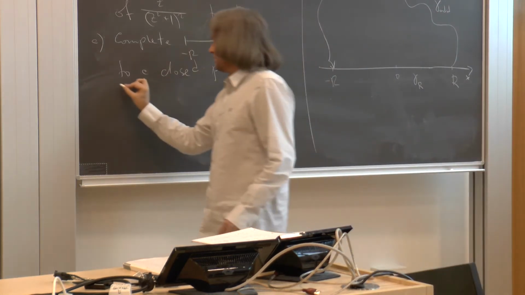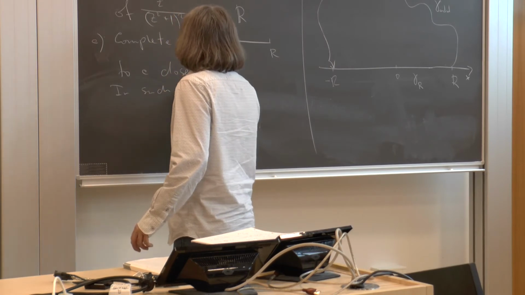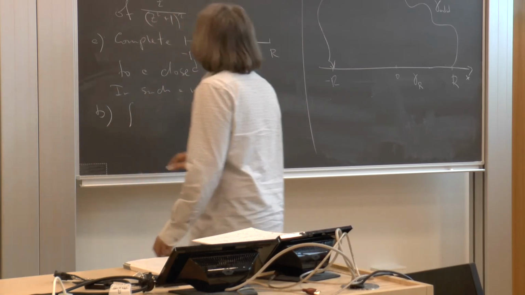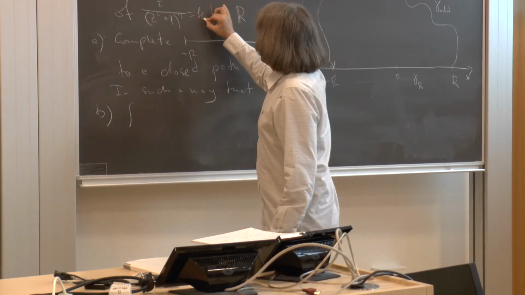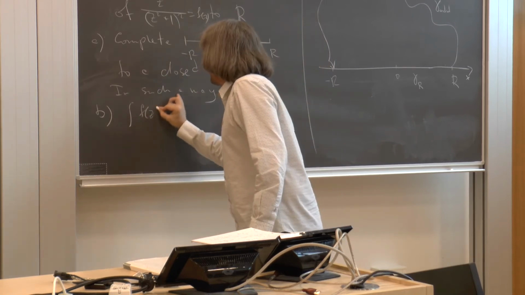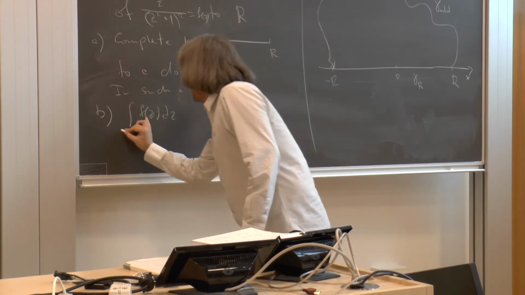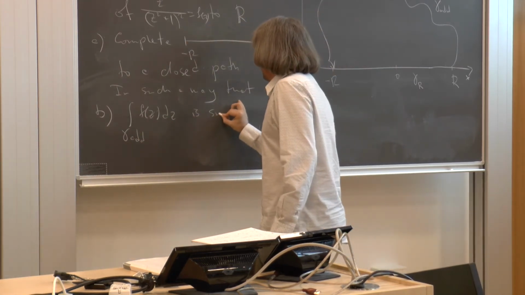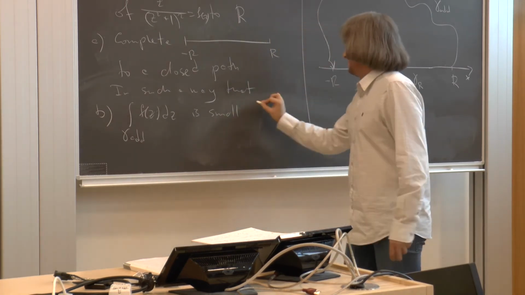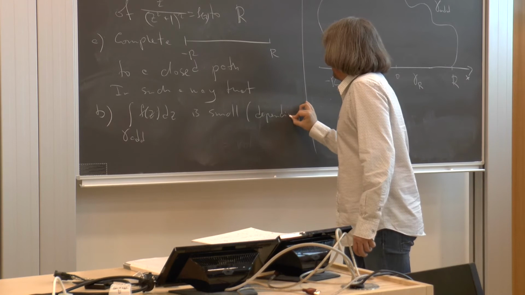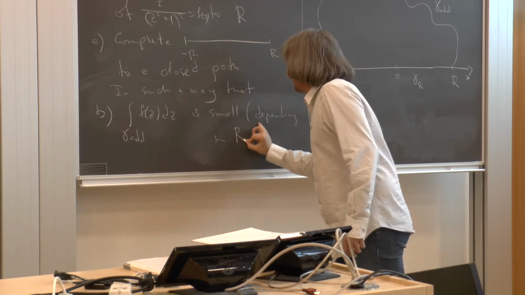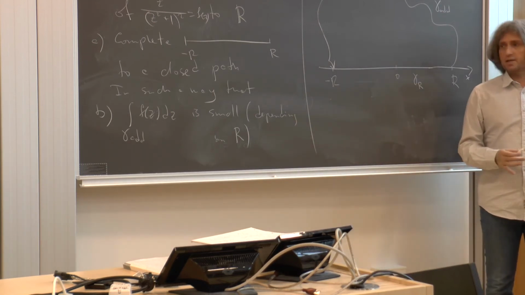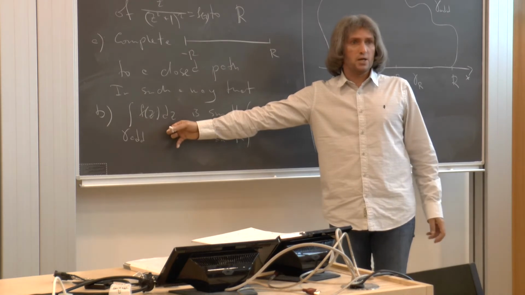In such a way that the integral of f of z dz over gamma ad is small, depending on r, which means that you can do it uniformly for all values of r in such a way that this will tend to 0 when r goes to infinity.